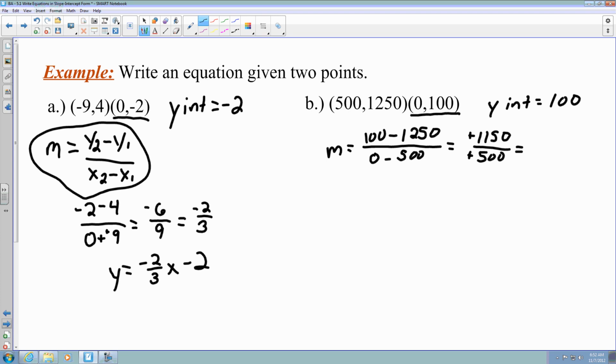If you take 1,150 divided by 50, that gives you 23. And 500 divided by 50 gives you 10. So our slope for example B is 23 over 10, and our y-intercept is 100. So plugging these into the original equation, we will have 23 over 10 x plus 100.